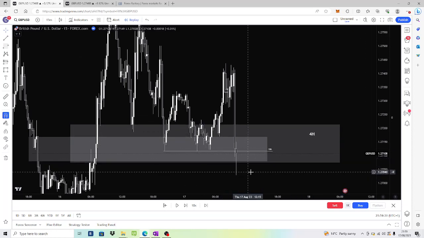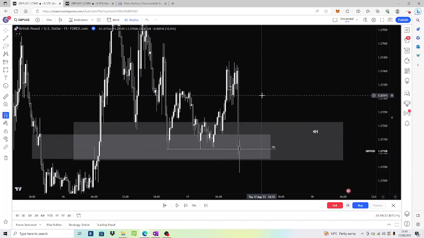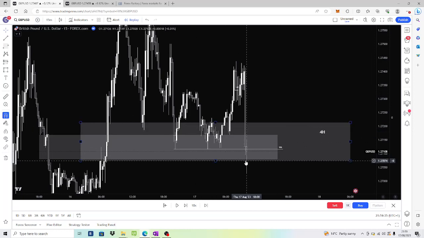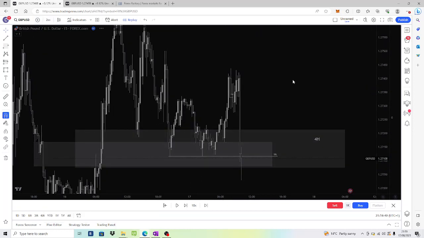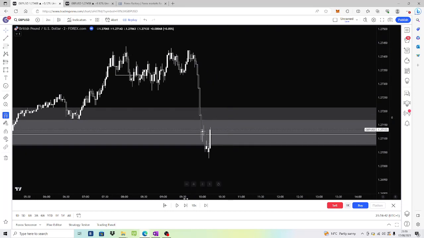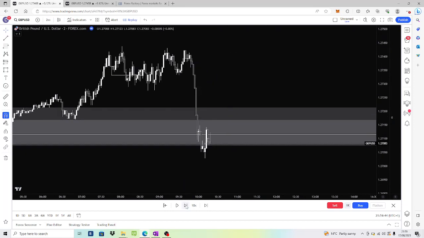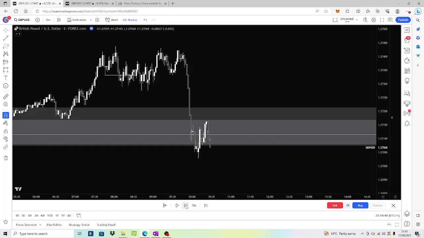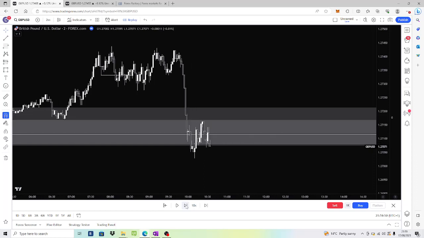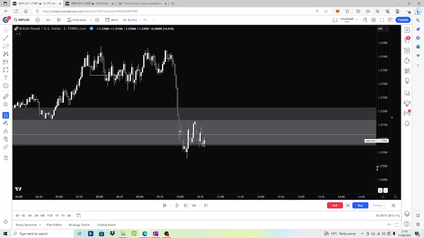Price gets a good instant reaction off it instead of pushing straight through. Clear on the 2 minute here.